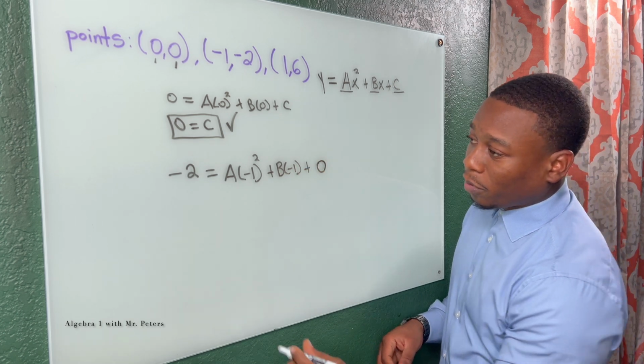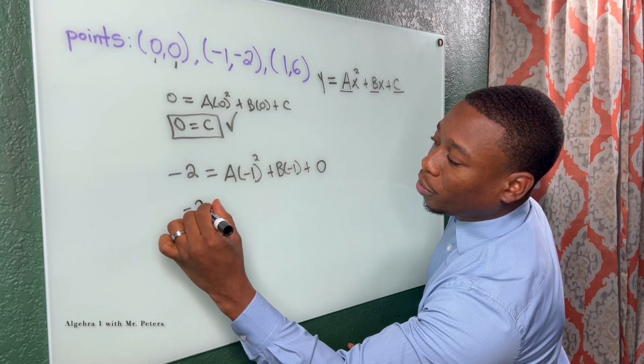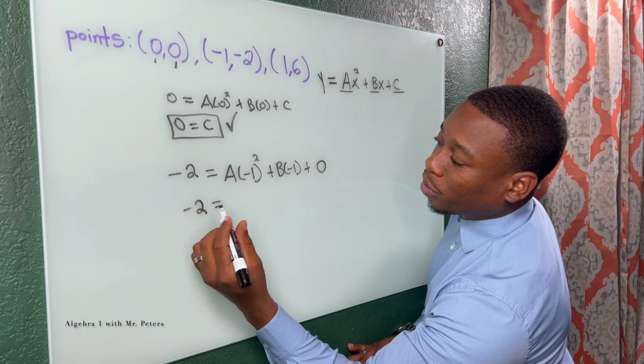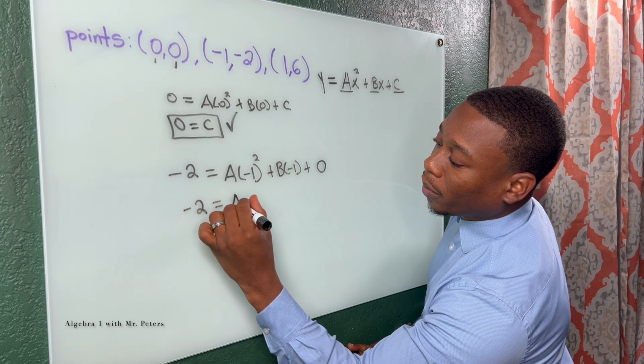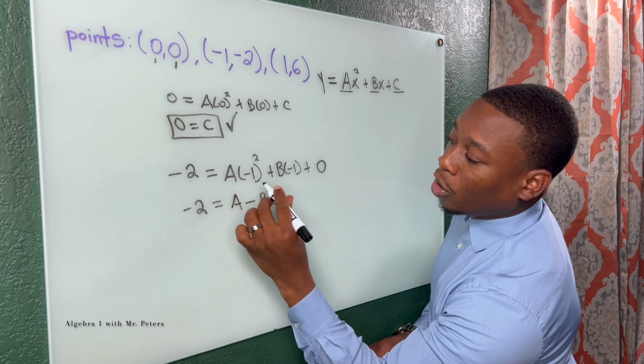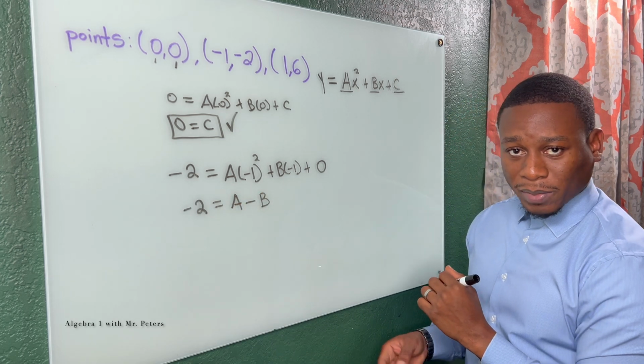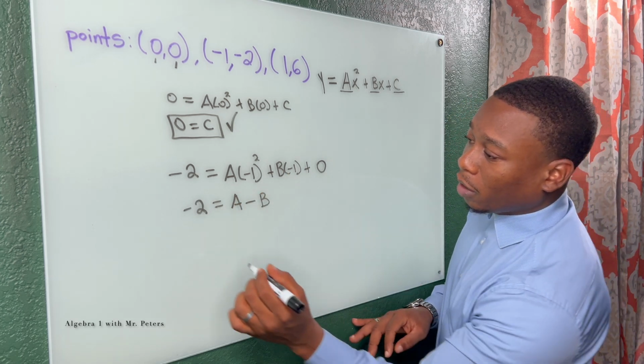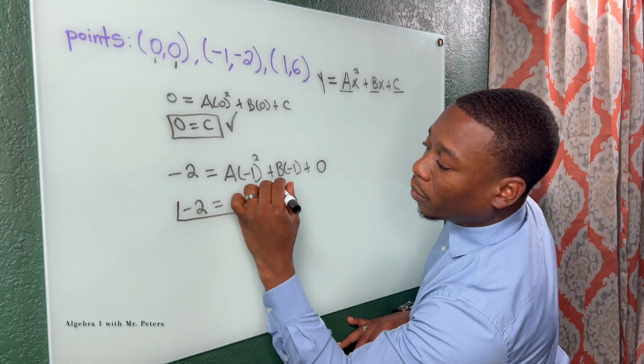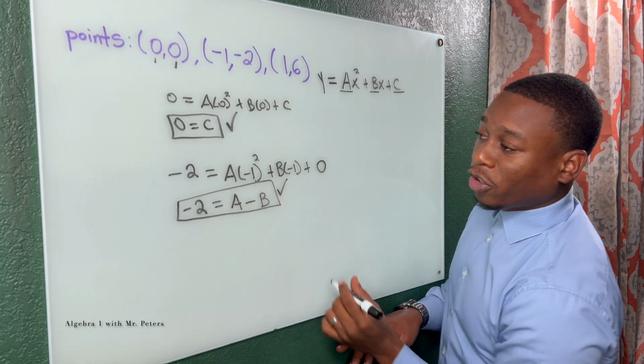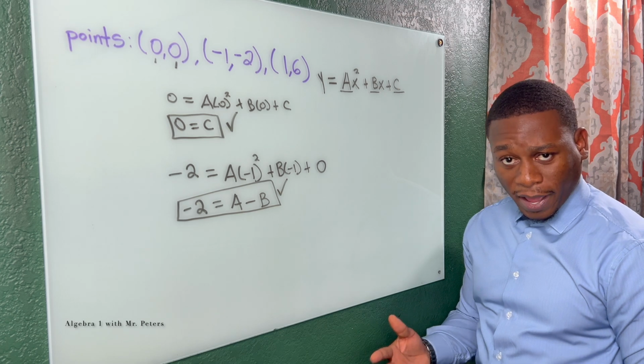So now when I simplify this, we're going to have negative 2 is equal to a minus b. 1 squared is just 1. 1 times a is a. B times negative 1 gives us negative b. So this is the first equation that we need to have.